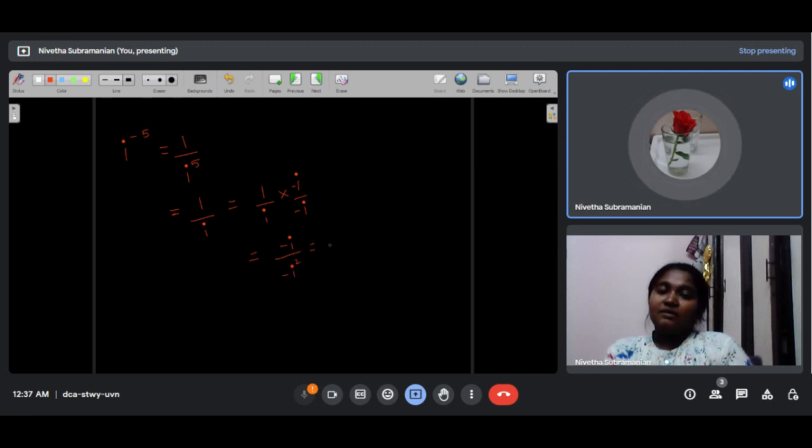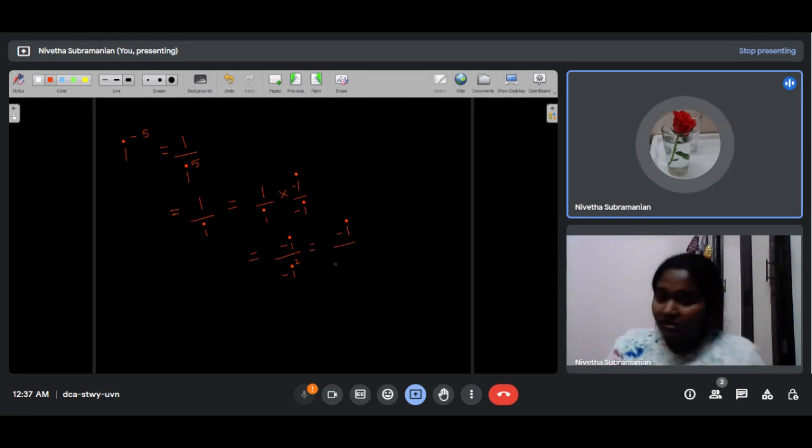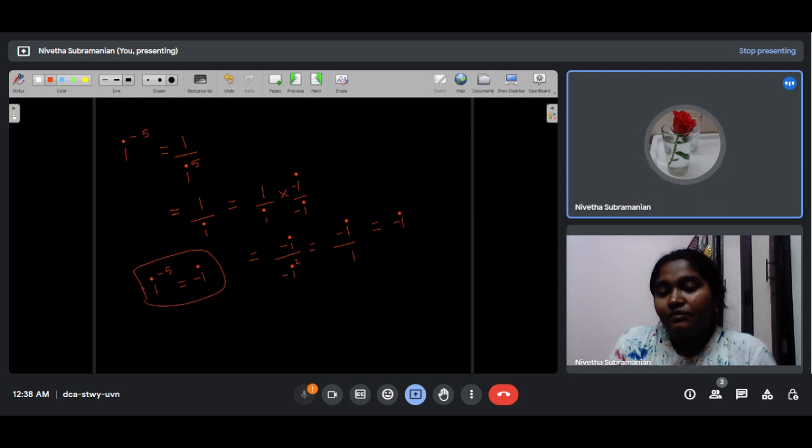That is nothing but minus i divided by minus of i square, which is minus of minus 1, that is plus 1. So the value of i power minus 5 is minus i.